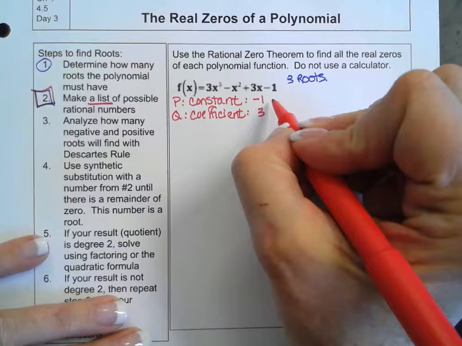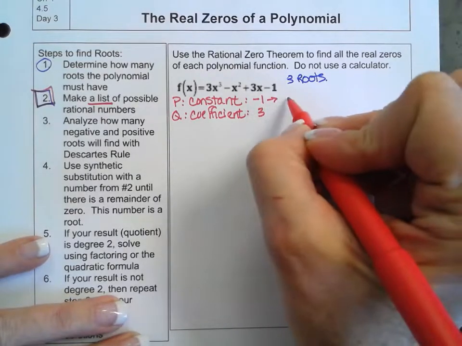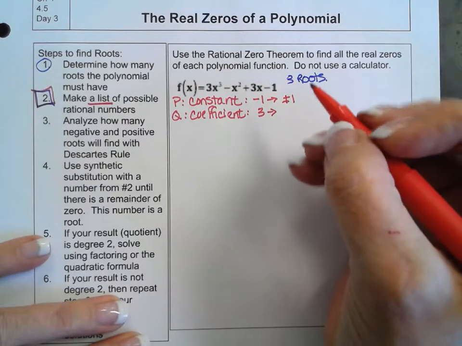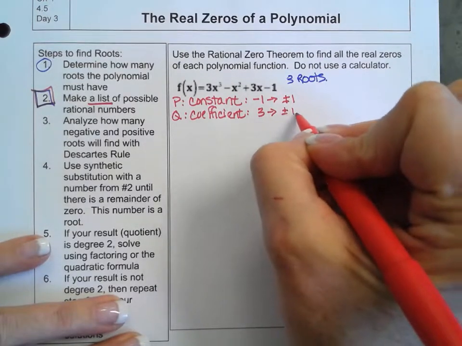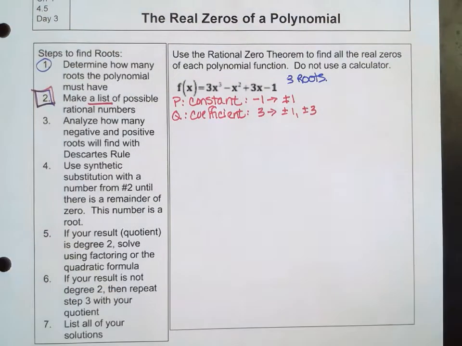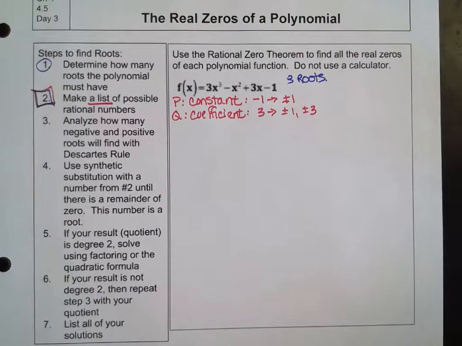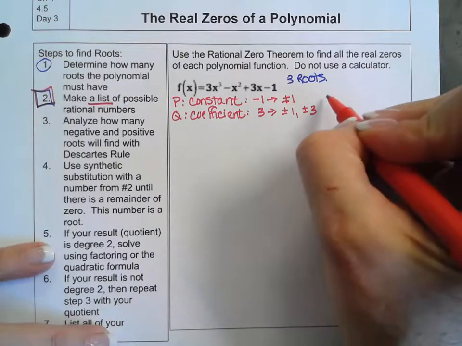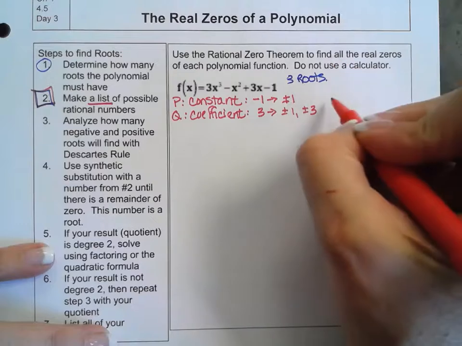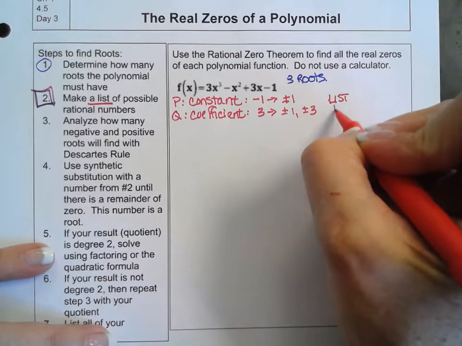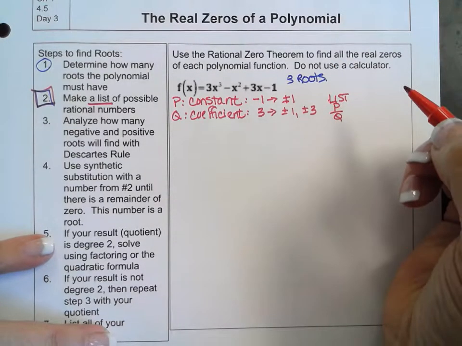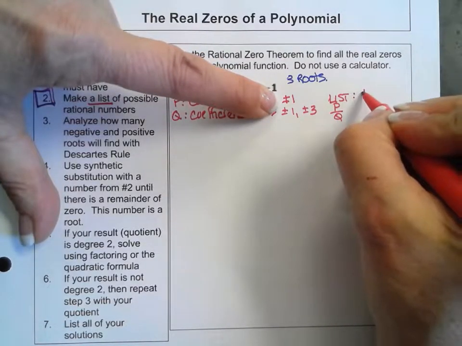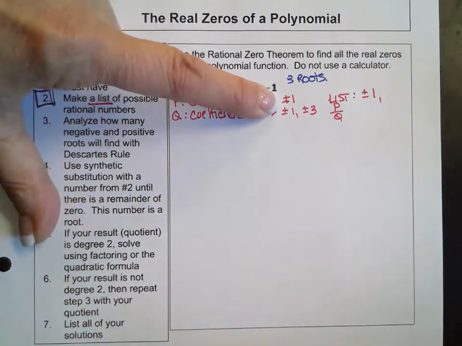Okay? All right, now we find all our factors. So our factors of 1 is just going to be plus and minus 1. And our factors of 3 is just going to be plus and minus 1 or plus and minus 3. All right, so to find the list of possible roots, we do the ratio of our P over Q. And so I have 1 over 1 is just plus or minus 1.